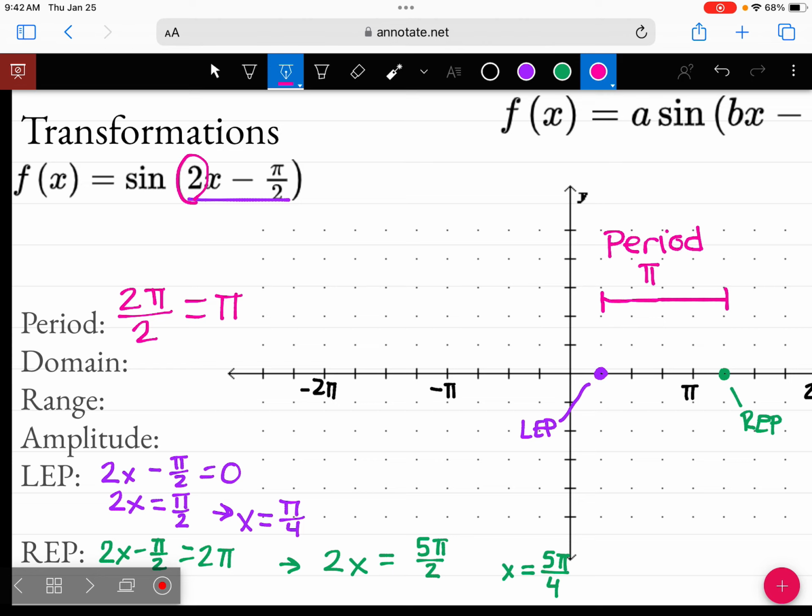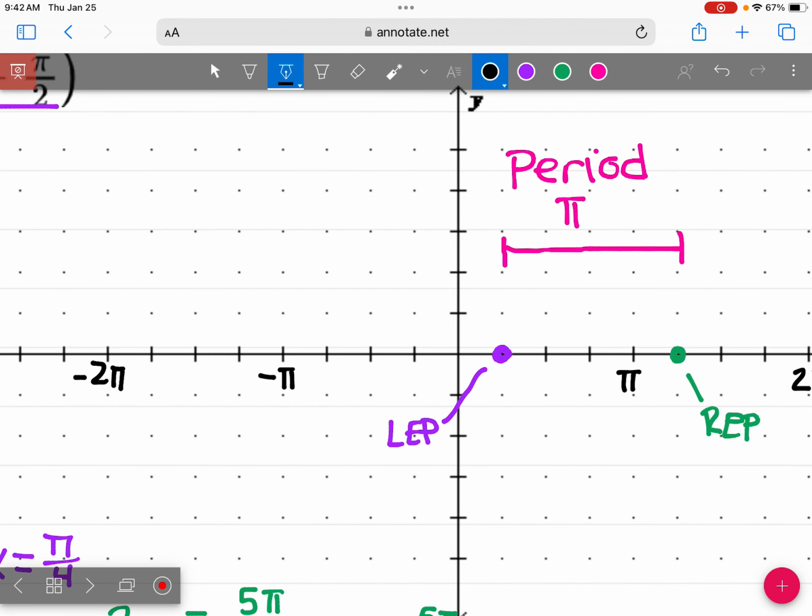Do we have an amplitude change here? No. So our amplitude is 1. There's not anything multiplied in front. So we know it's going to go up 1 and down 1. It also needs to hit 0 in the middle. So the way we can do this, when our period has changed, halfway between is going to be another 0.